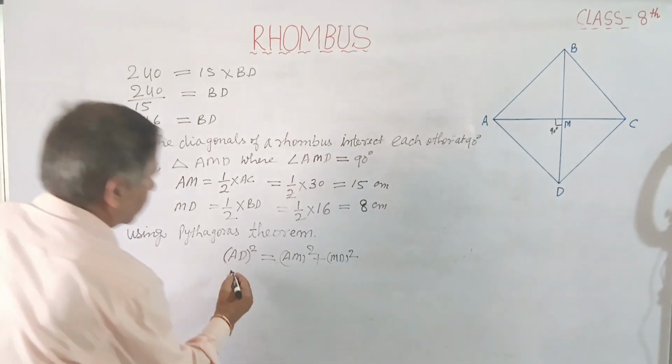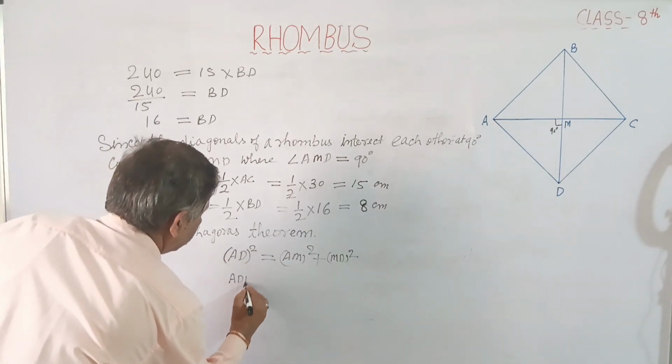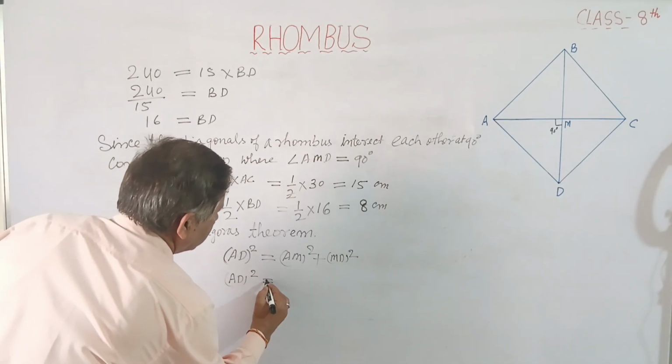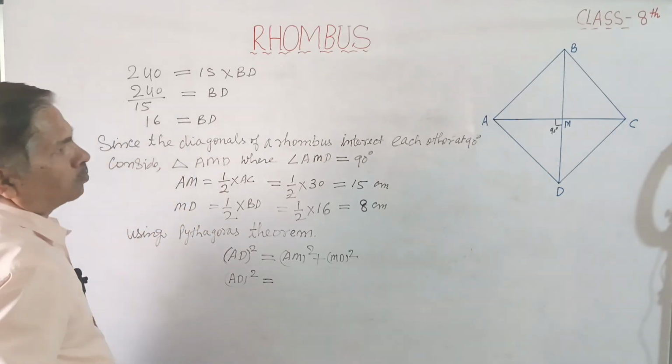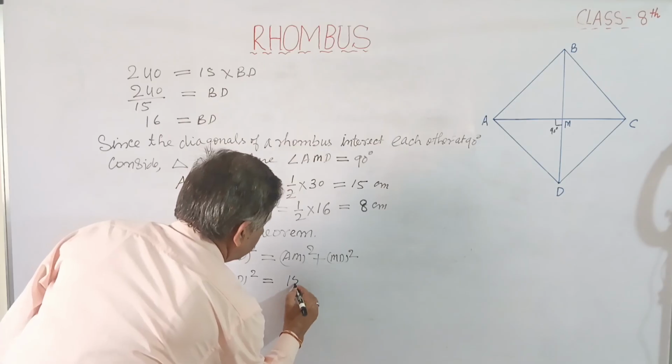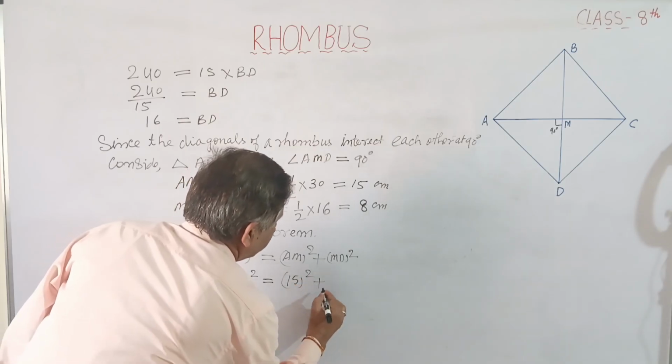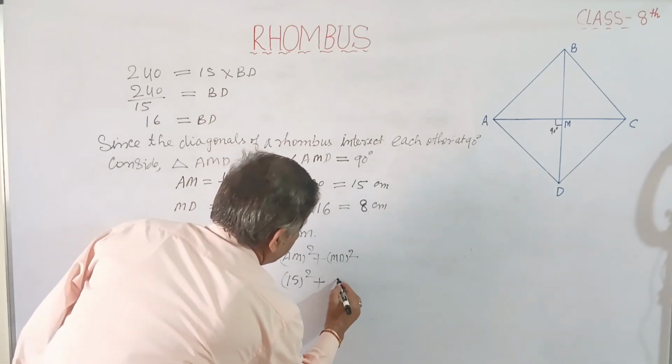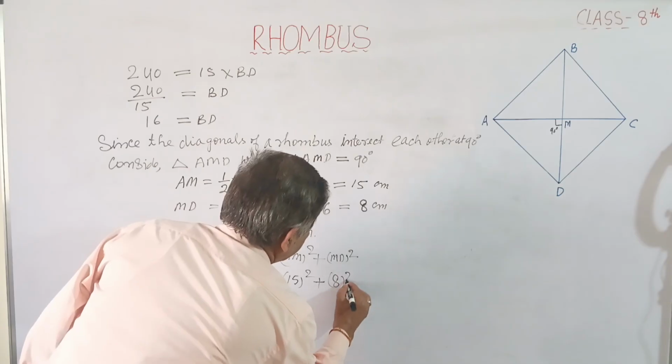AD square means we have to find out side of the rhombus. AM is 15 square plus DM is 8 square.